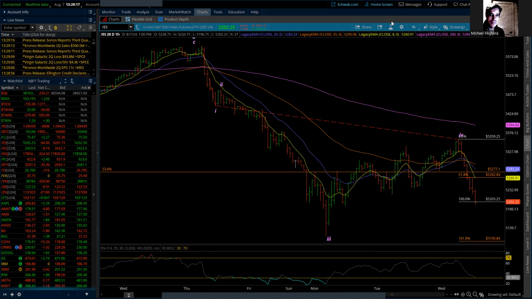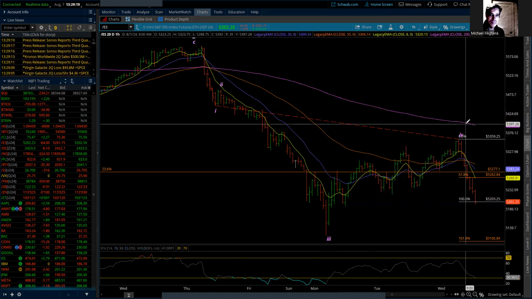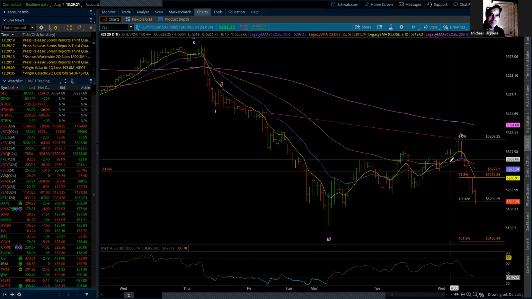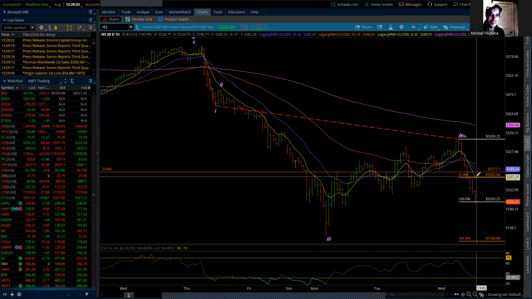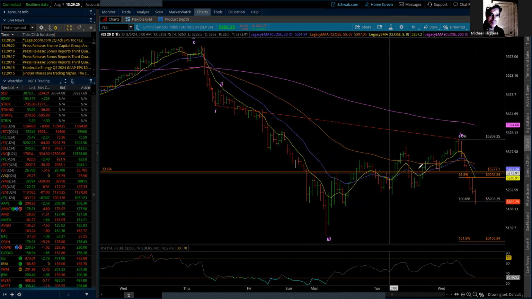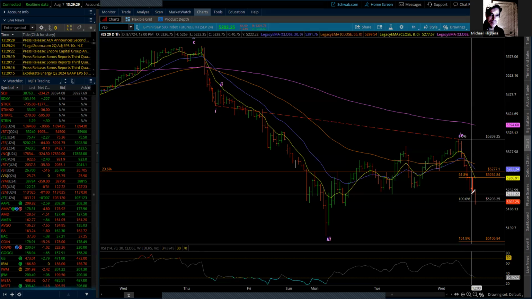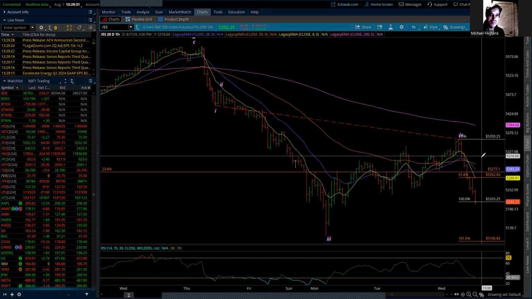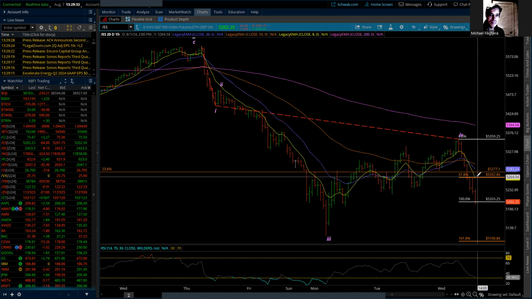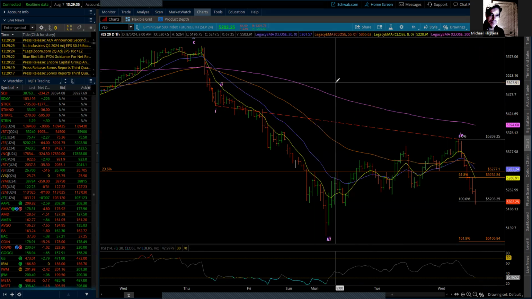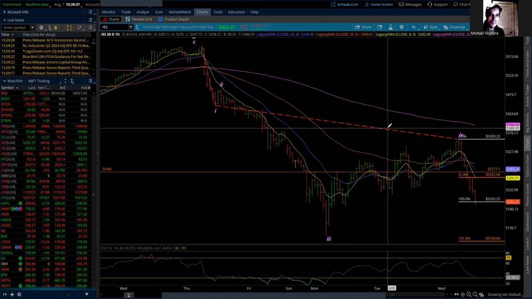Please be prepared. Now, moving averages on the hourly. The 20 broke the 50. So here we go. And the 13 is already just way ahead of everybody, as it should be. We are now in alignment to go down, basis the moving averages. But here we go.